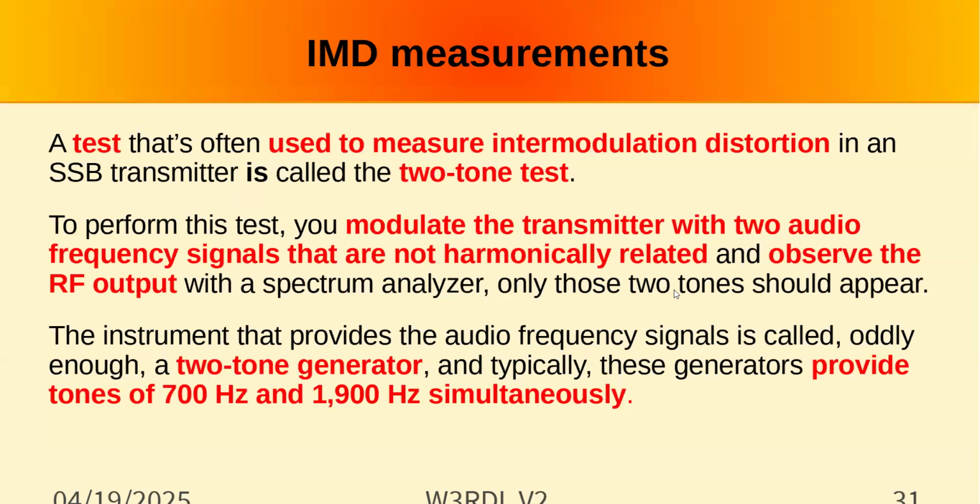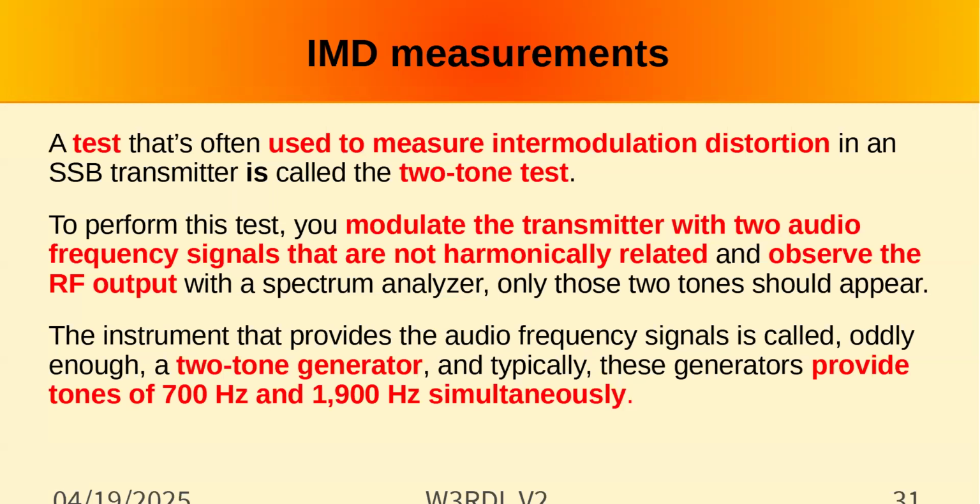Okay, IMD, intermodulation distortion measurements. Normally you do what's called a two-tone test, where you send two audio signals that are not harmonically related. Typically they use 700. I've also seen 750 and 1900 because they're not multiples of one another.